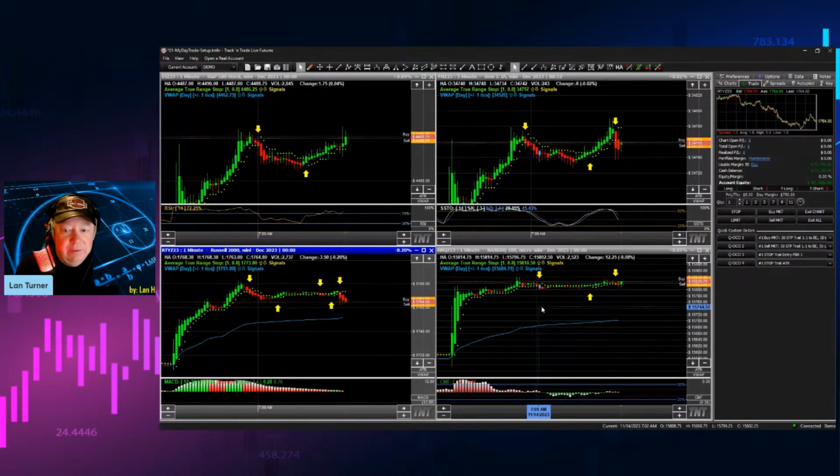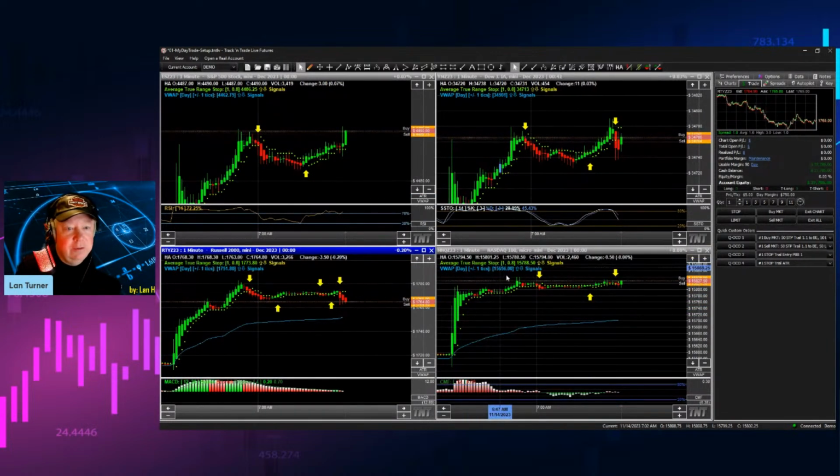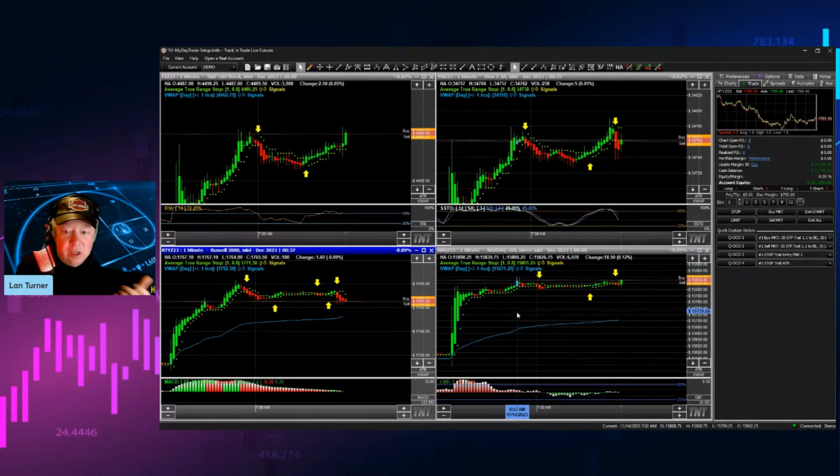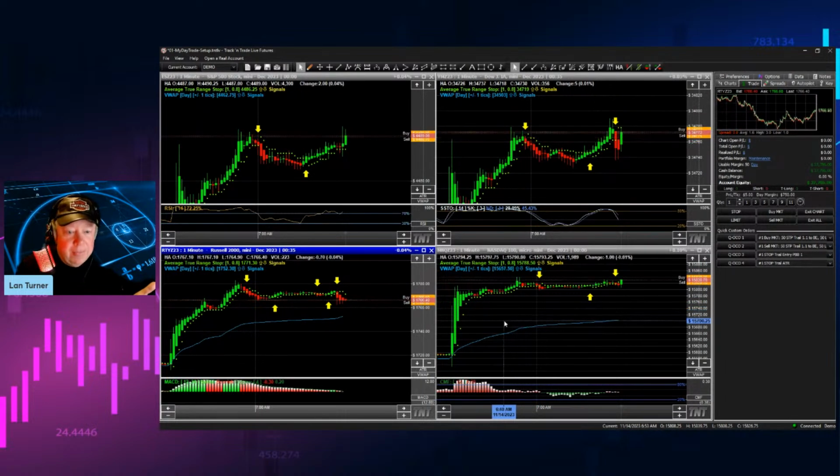And this is in the futures market. And we can trade the stock indexes over here in the futures market. We can't trade individual stocks, but we can trade the indexes. And so these are the four indexes we like to watch in the futures market. And the reason we like to watch them in the futures market, not the stock market, is because there are no pattern day trading rules over here and we have leverage.